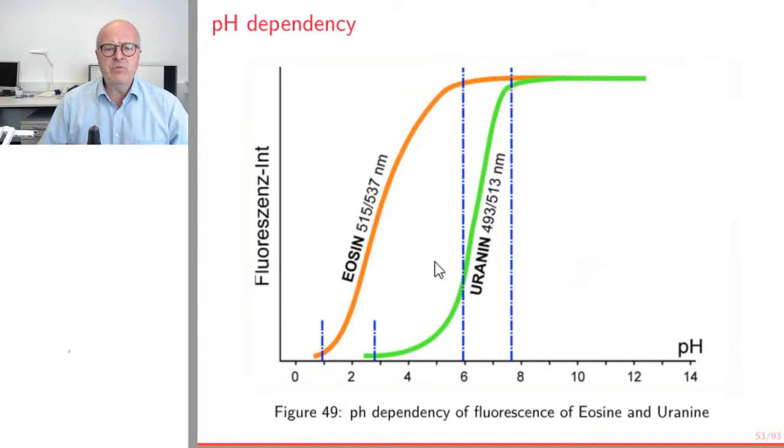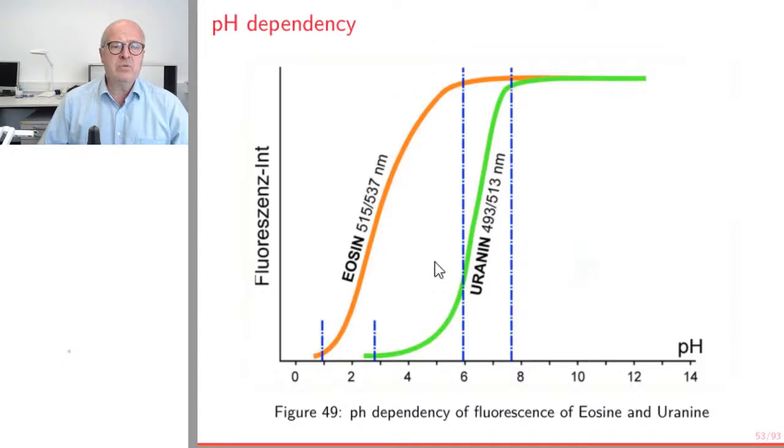First of all, if we measure eosine and uranine at the same time, we could quench, or make disappear, the fluorescence of uranine and still measure eosine. Then we restore it to 8, we measure both, and the difference can be used to get the concentration of eosine and uranine at the same time.